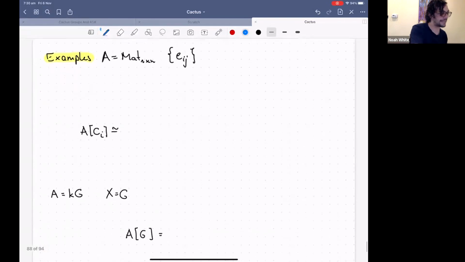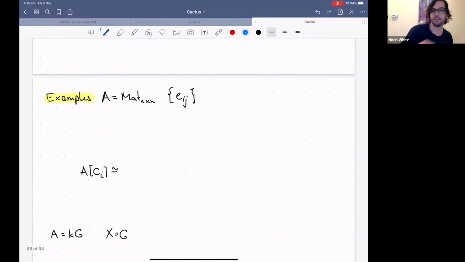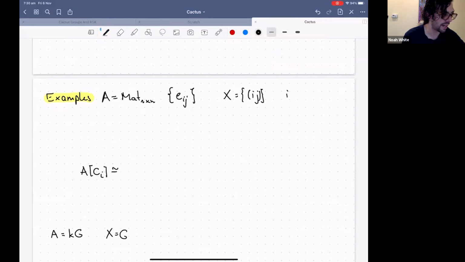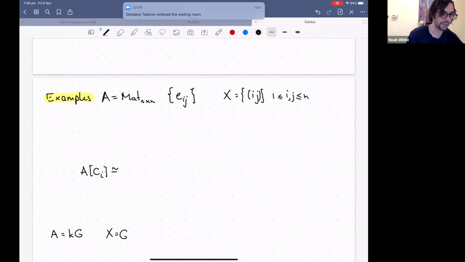Let's look at, first of all, the example of n by n matrices. Here we're going to use as the basis just the standard matrix units. So X is just going to be pairs i, j, where i and j are between 1 and n. What are we looking at?